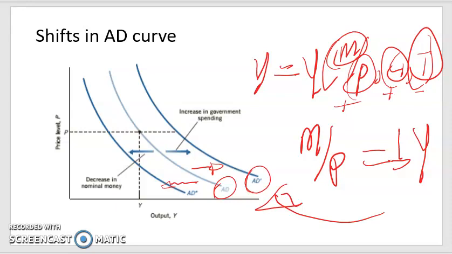It is represented by the downward sloping curve called the aggregate demand curve. Changes in the monetary and fiscal policy, or more generally in any variable other than the price level that shifts the IS or the LM curve, will also shift the aggregate demand curve.